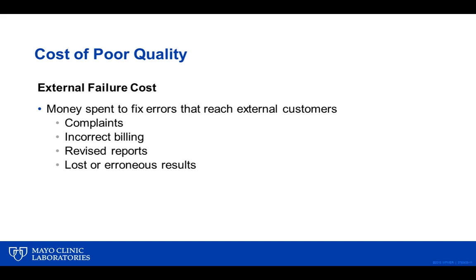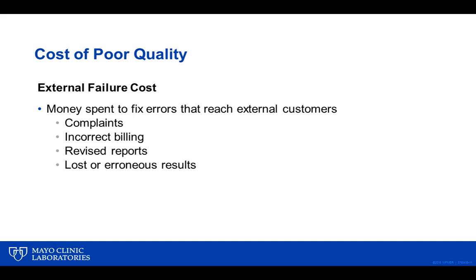So this is also an error that shouldn't have left the lab. If you issue revised reports, you send out erroneous results, or you lose the results completely. These are all issues that are reaching the customer, and we have to try to reduce or eliminate that as much as we can.